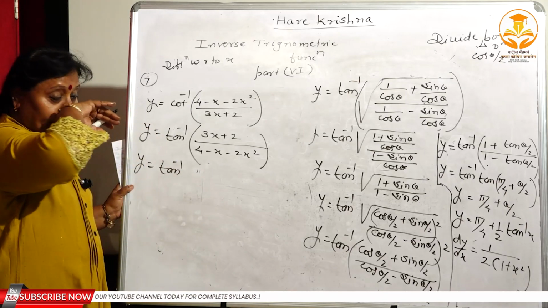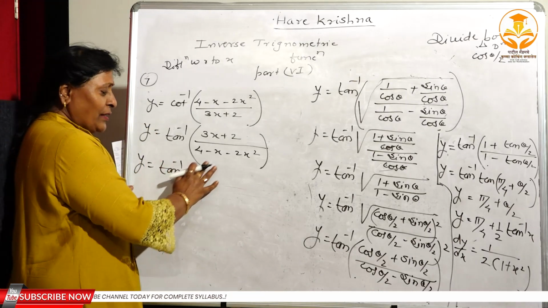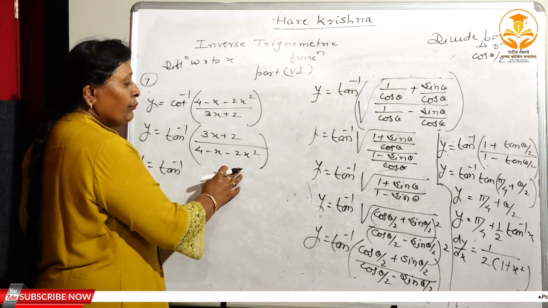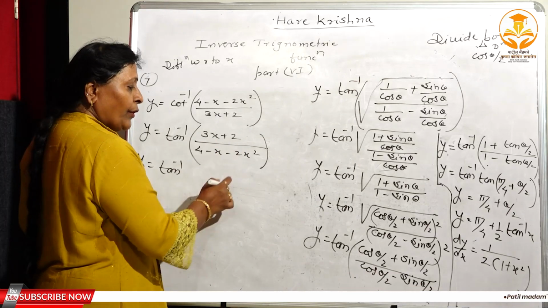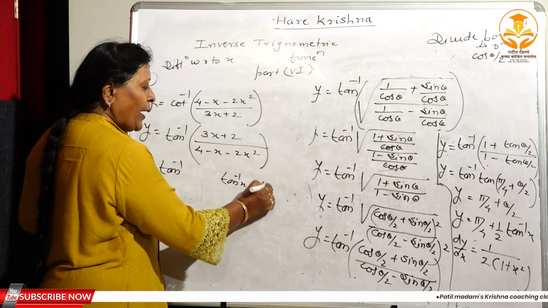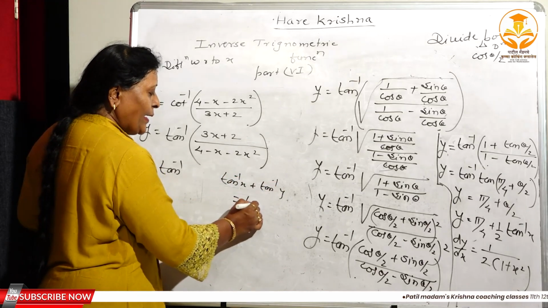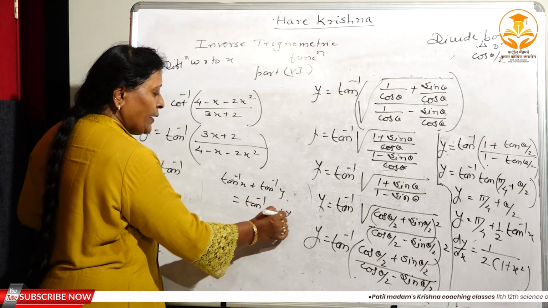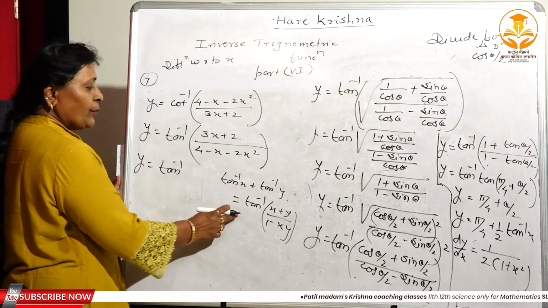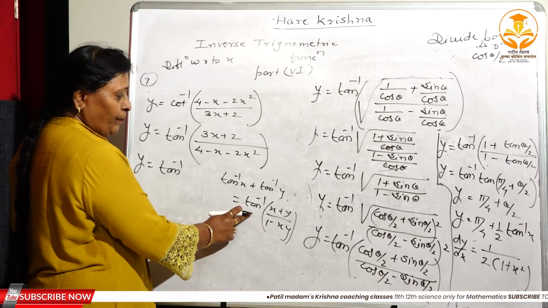So this is a quadratic, and here there is no such formula, isn't it? So therefore you have to remember what is the formula here. If tan inverse x plus tan inverse y, then it is tan inverse of x plus y divided by 1 minus xy, right? In this way you have to imagine here.